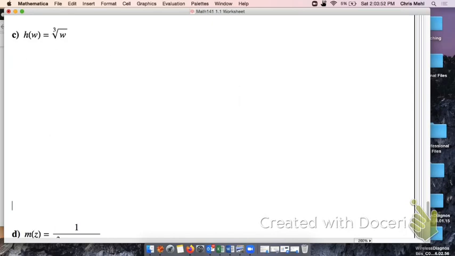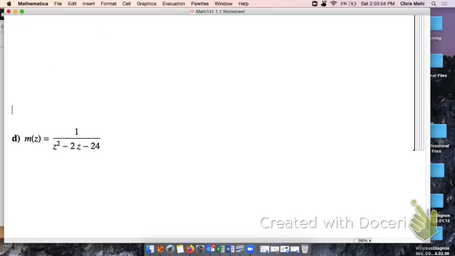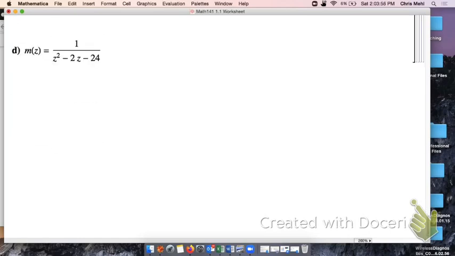Okay, and then finally, last problem, and we'll call it a day. M of z is 1 over z squared minus 2z minus 24. Now this time it's a fraction, and you want to make sure that the denominator is not 0.